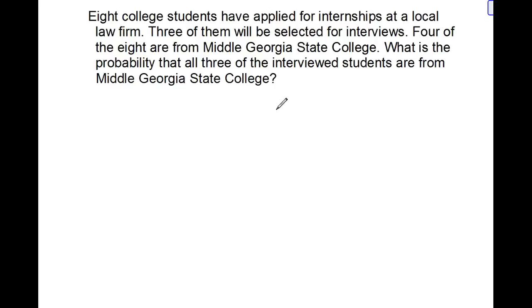So here, we want to know the probability of this, and we want to look at what happens whenever we are identifying with our probabilities.